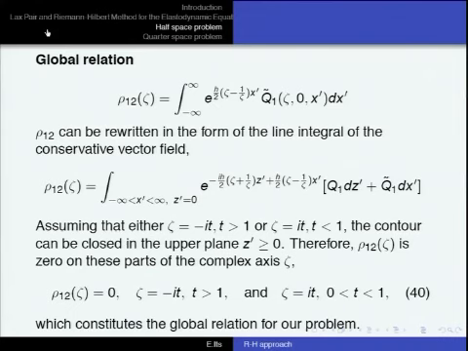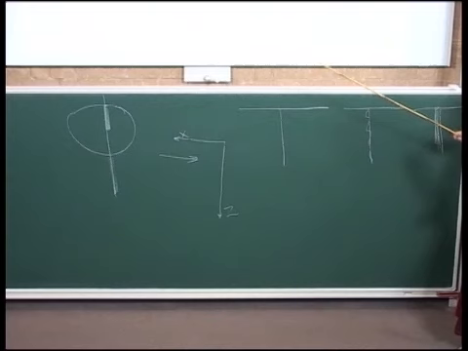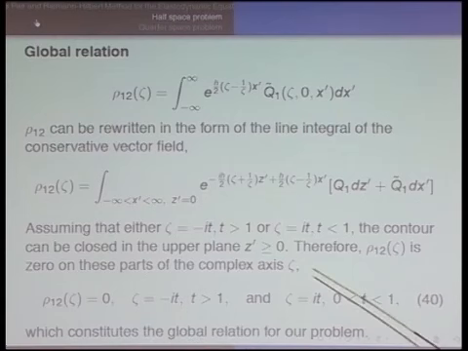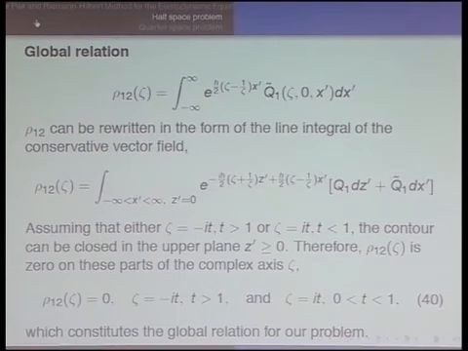So because of the strong exponential decay here, we have 0 on this closed part. It means we have 0 for the jump function on these parts of contour K. And this equation, rho 1, 2 equals 0 for this part of the contours, it constitutes the global relation for our problem.